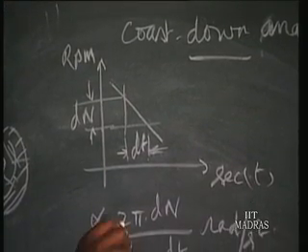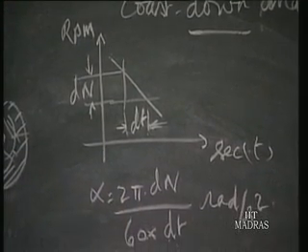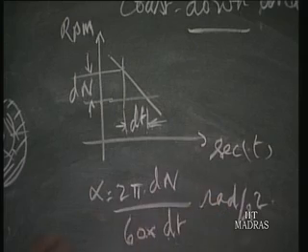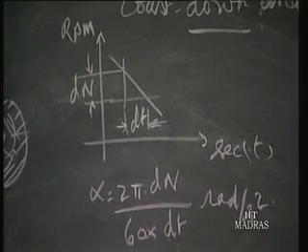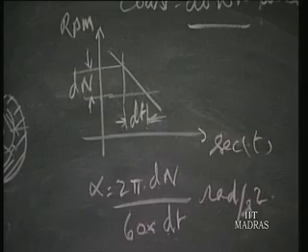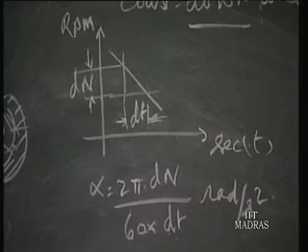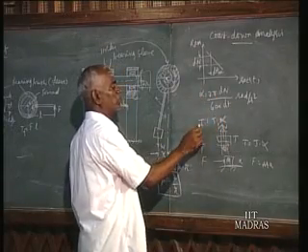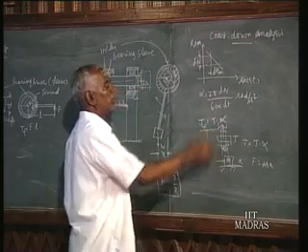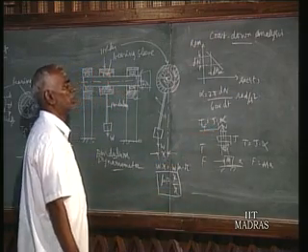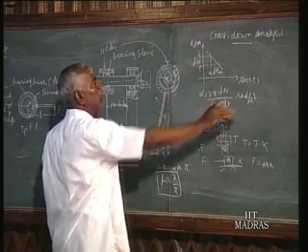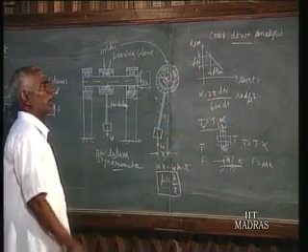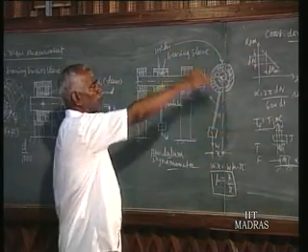Then multiply by 2 pi, and you get radian per second squared. Then the friction torque is equal to J, the rotor polar moment of inertia given by the manufacturer, multiplied by the deceleration, which gives you the friction torque TF. That is how we arrive at the friction torque in an electric motor by coast down analysis: after cutting the power supply, allow it to decelerate, and that RPM is plotted.